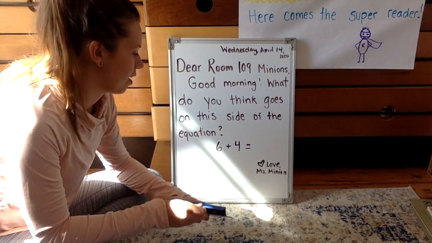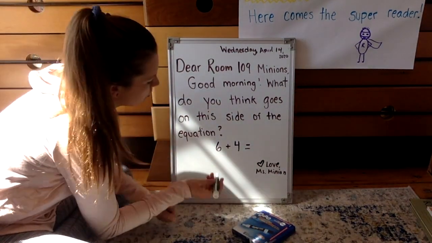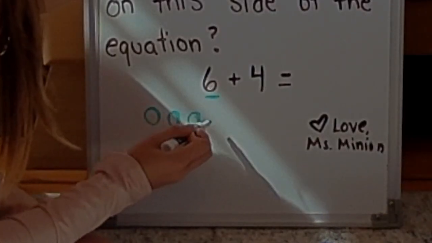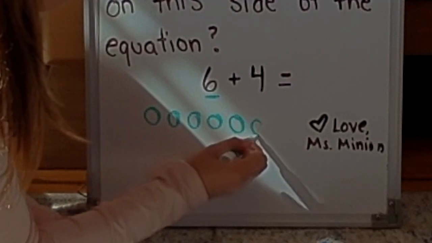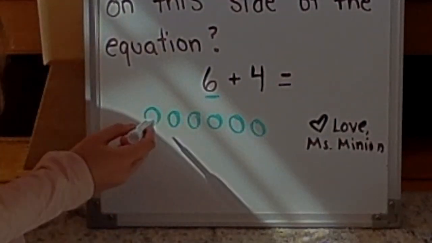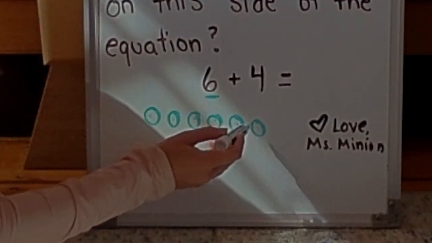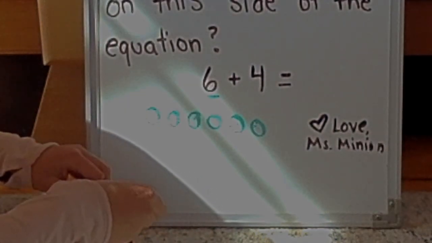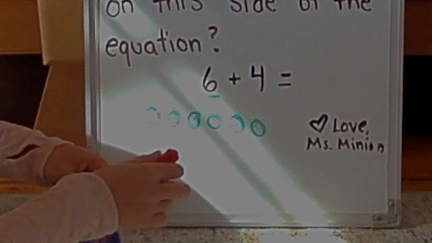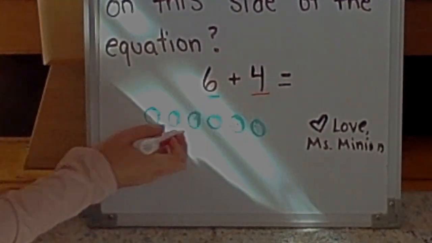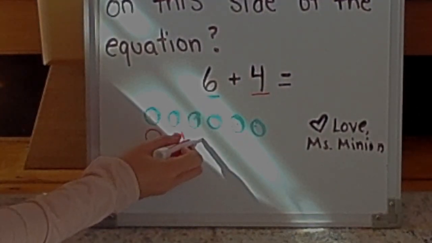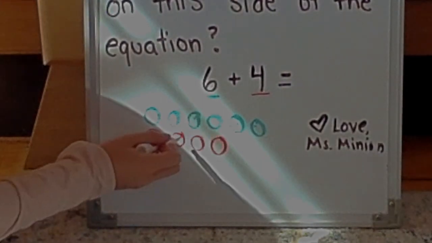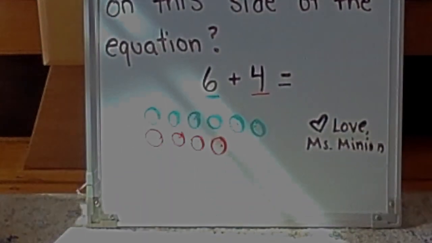Let's draw a picture to figure it out. We have 6. 1, 2, 3, 4, 5, 6. Let's double check. 1, 2, 3, 4, 5, 6. Plus 4 more. Let's draw 4 more in red. 1, 2, 3, 4. Let's double check. 1, 2, 3, 4.